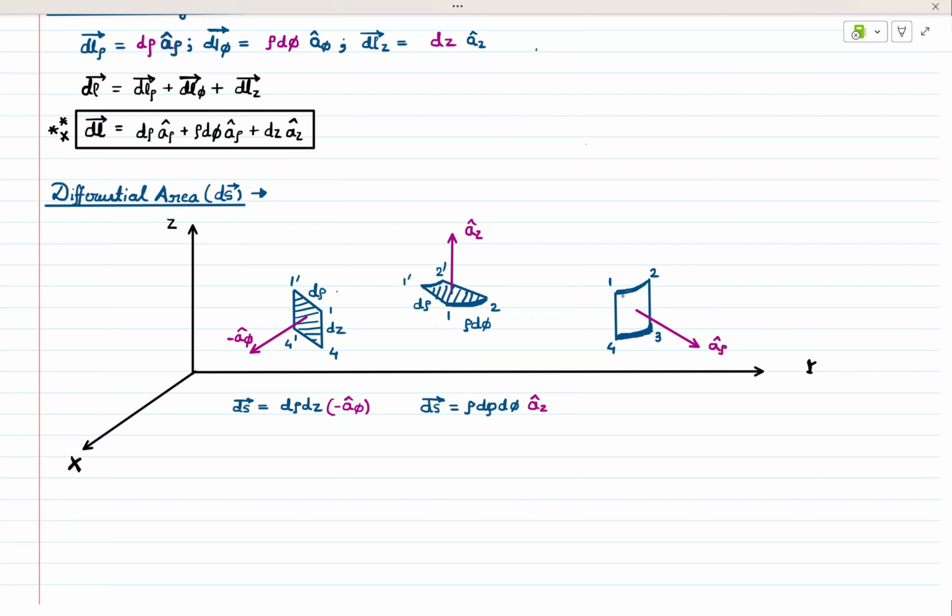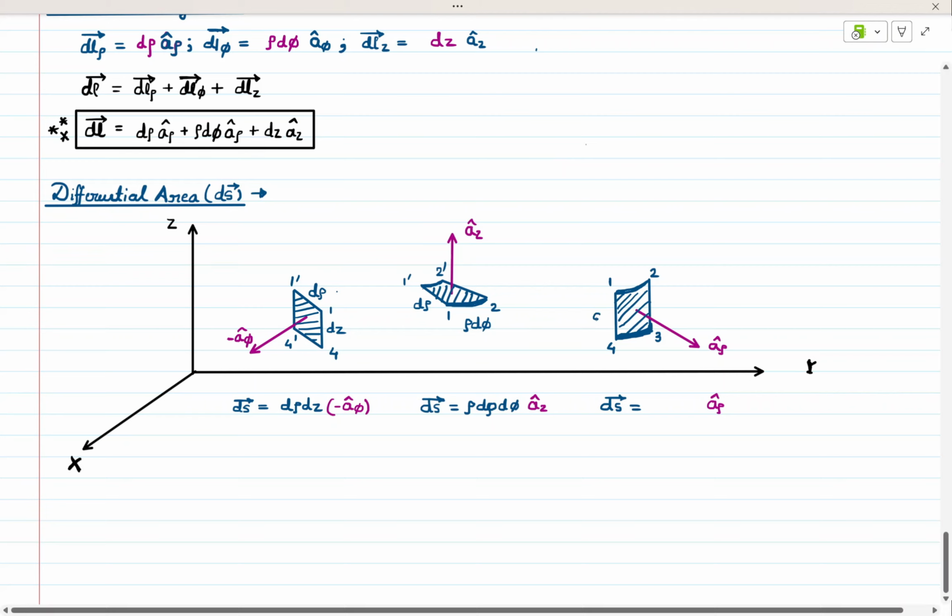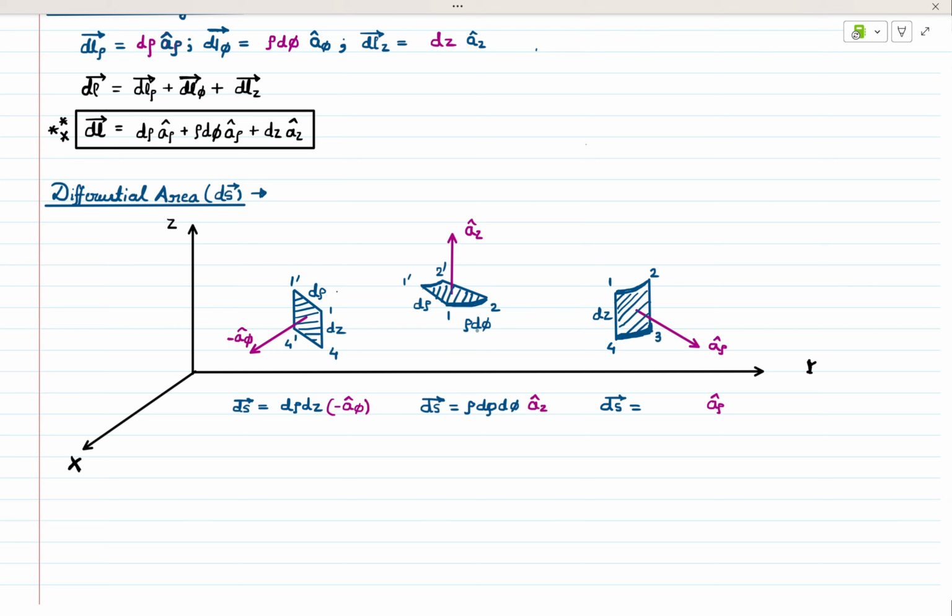Now the last one, 1 2 3 4, for this area. What will be the area vector? Again you are sure that the direction of the area vector will be in the direction of the arrow. Now what is the magnitude? This length is nothing but dz, and this is rho d phi, as I have already told. That is nothing but rho d phi dz.